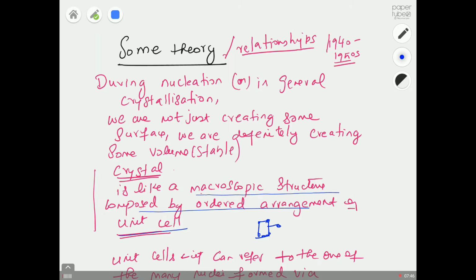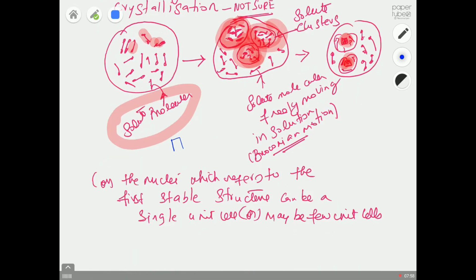Either this can be your first nuclei, or the first nuclei can be more than one unit cell. Nobody knows whether the first nuclei is one unit cell or more than one unit cell.